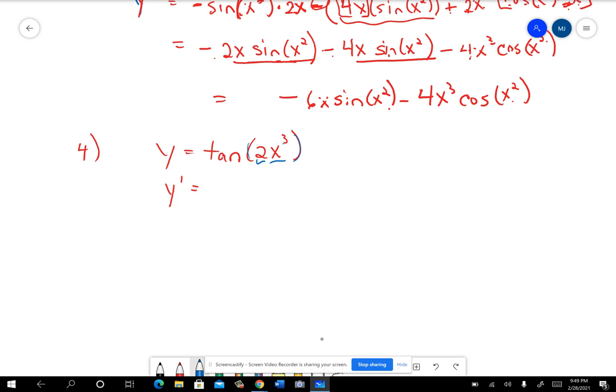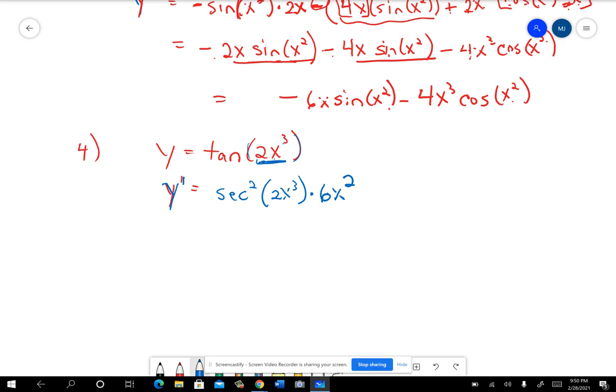All right, so when I do y prime, I would think, what's the derivative of tangent? That would be secant squared of your input. But because that inside function isn't just an x, I need to take the derivative of that. So that gets multiplied by the derivative of 2x to the third. The 3 comes down and gets multiplied by the 2, and then I'd have x to the second power.